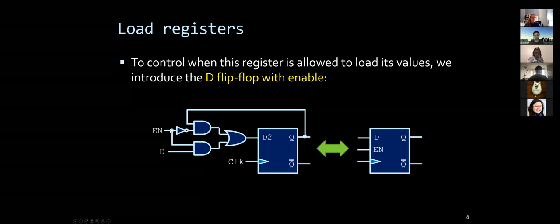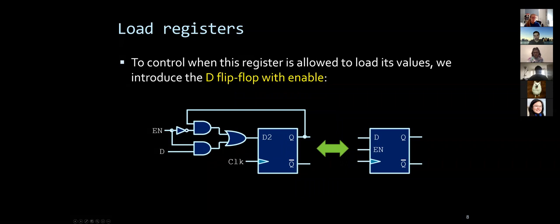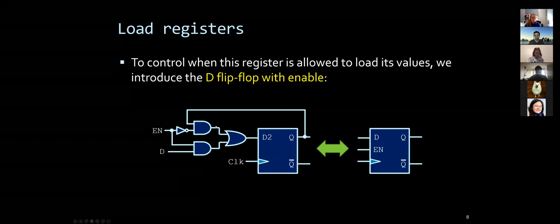It's relatively simple. It does two things. When enable is on, then I go through this signal, because this is positive and this is negative, so this part doesn't matter. I get positive and the D, and then this is true. It goes through, this is not.